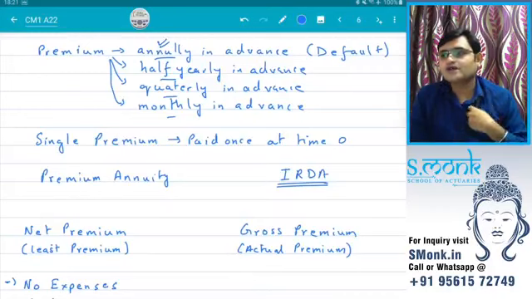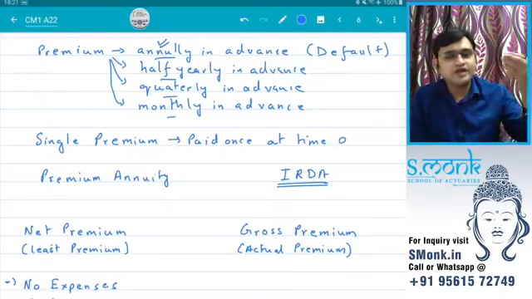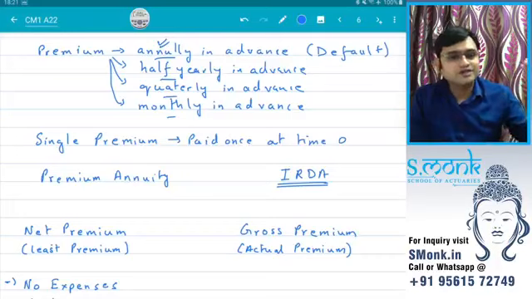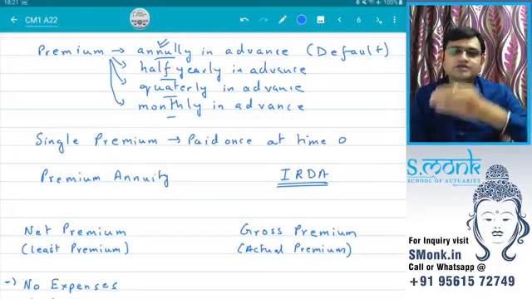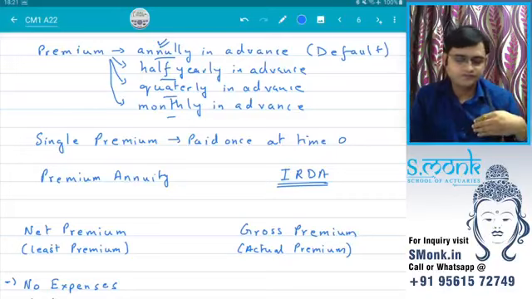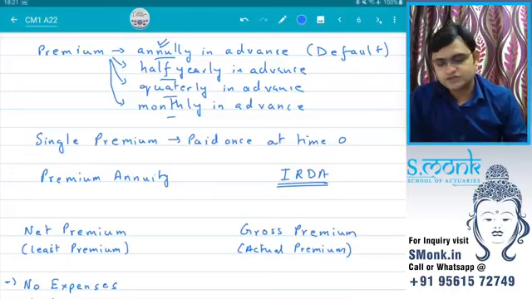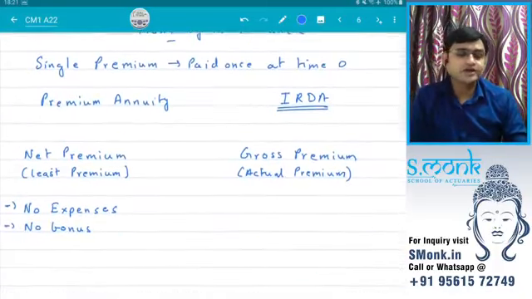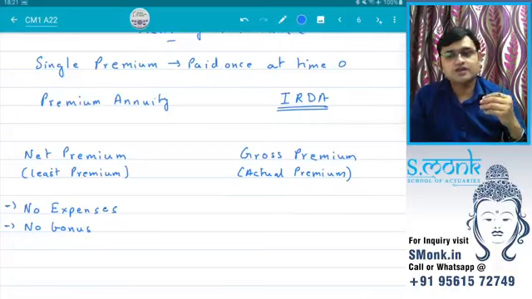For any financial entity, the aim is that whatever they are trying to predict should happen the same way. So if you have predicted that this many people would pay you premium next year, you would want the majority of them to pay, right? From their side, they would make sure the insurance agents remind them to pay the premium.